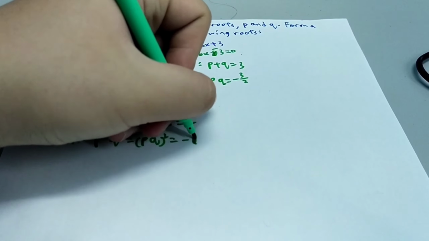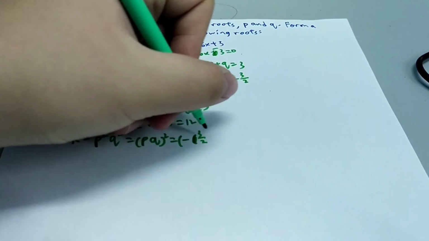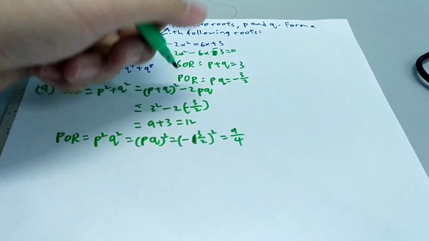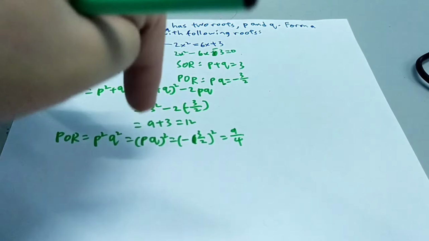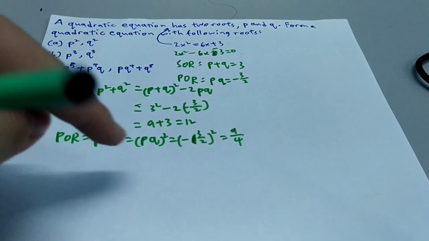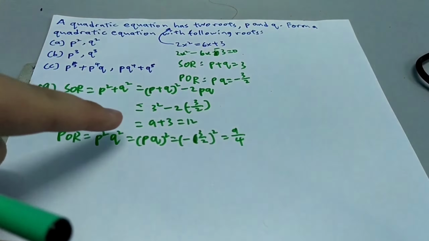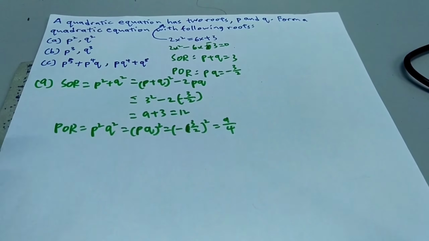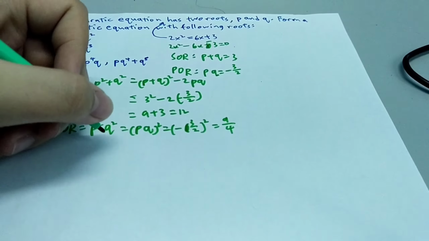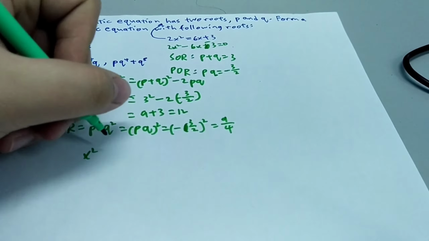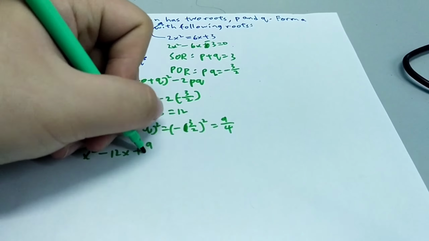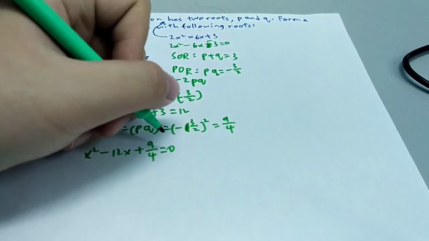I will get negative 3 over 2 bracket squared, which is equal to 9 over 4. Since we already figured out the sum of roots and the product of roots, we can finally form the equation. Our quadratic equation is x squared minus 12x plus 9 over 4, which is equal to 0.